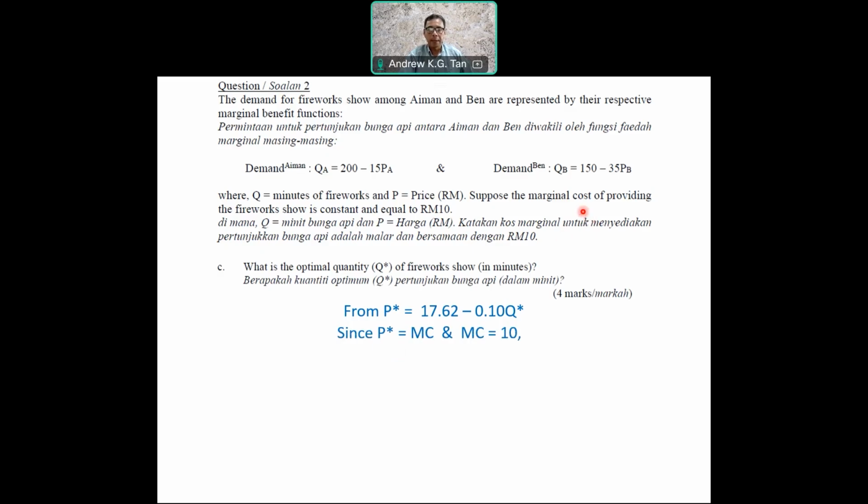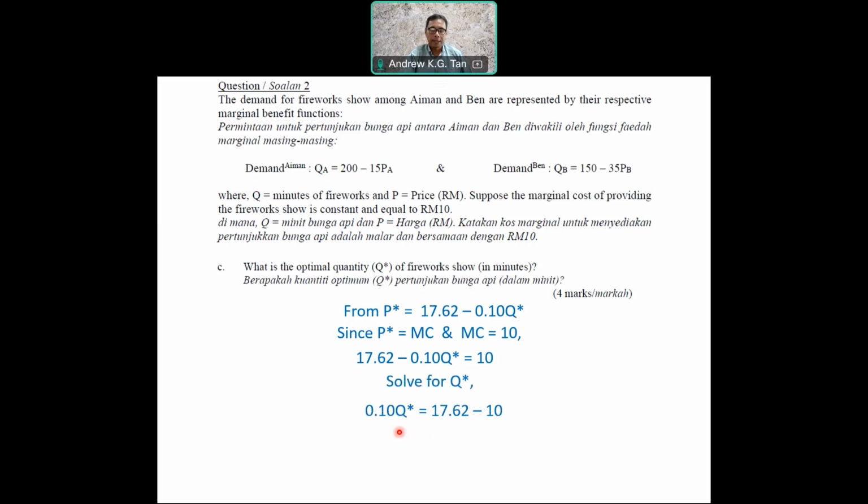And since MC, marginal cost of providing the fireworks show, is constant and equals to 10, we equate 17.62 minus 0.10 Q star is equals to 10 and solve for Q star. From here, we have negative 0.10 Q star, move it to the right, and 10, move it to the left, you get 17.62 minus 10 is equals to positive 0.10 Q star when we solve for Q star.